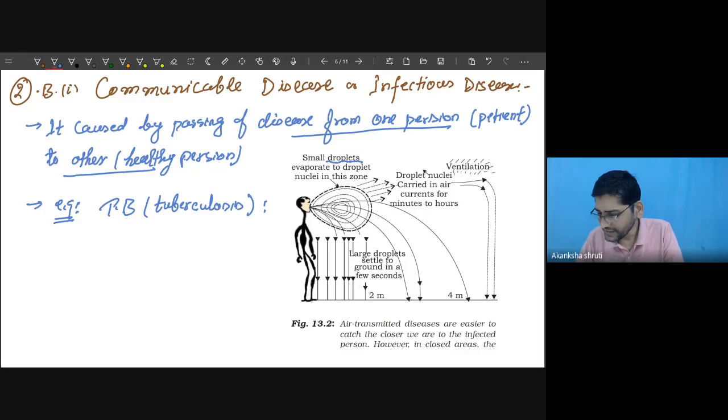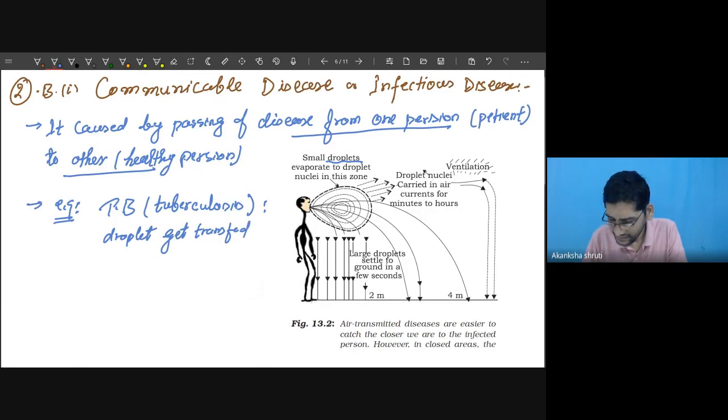And if another healthy person comes into this region, then this TB gets spread. Okay, student? So the droplet gets transferred to the healthy person. So TB is a respiratory disease of continuous cough. I hope you people know that.